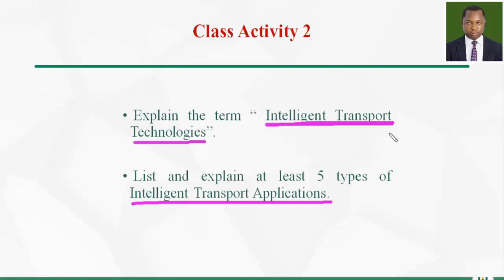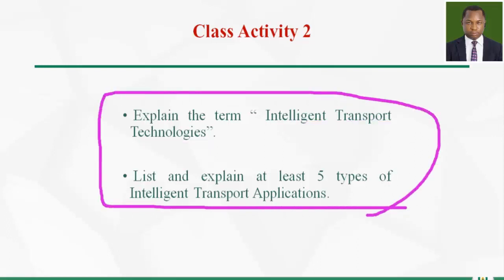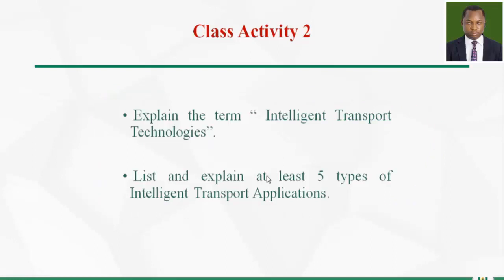Then intelligent transport applications are the various ways in which those technologies are being used. Remember, we mentioned one like automatic toll collection. So the ways in which ITT are being used is intelligent transport application. All right, so go ahead, attempt these 2 questions. If you can do that, then you are good to go.